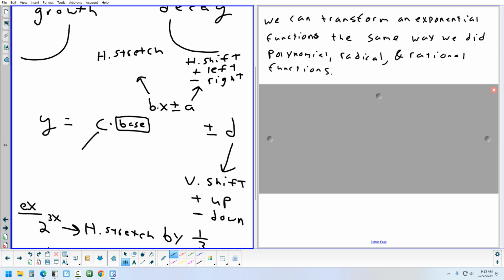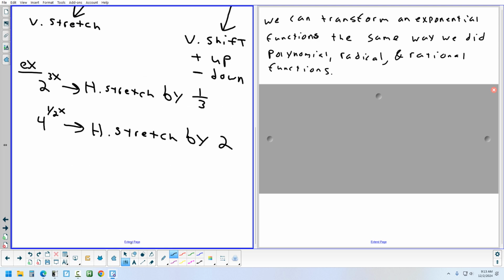Okay, how about C? Vertical stretch. Right, now we're outside the exponent, so now it's the vertical stuff. Vertical stretch. And that is not backwards. So if you want an example of that, 4 times 2 to the x, that's a vertical stretch by a factor of 4.